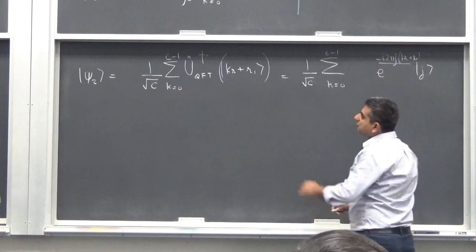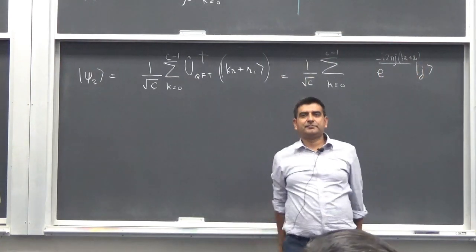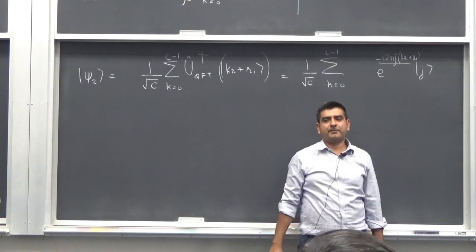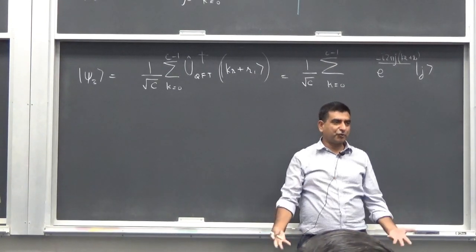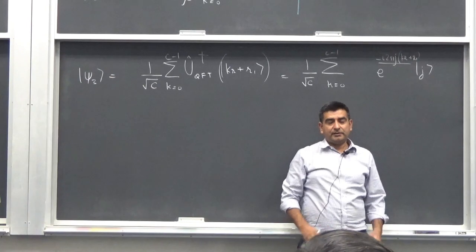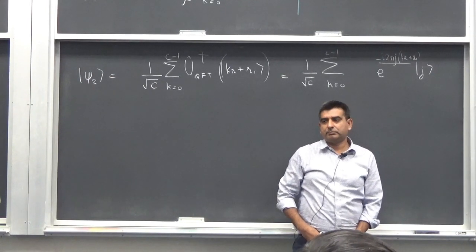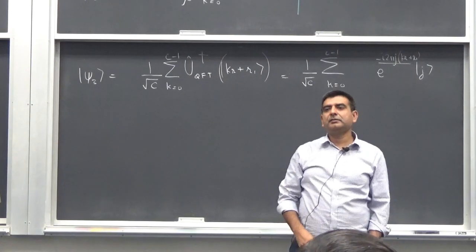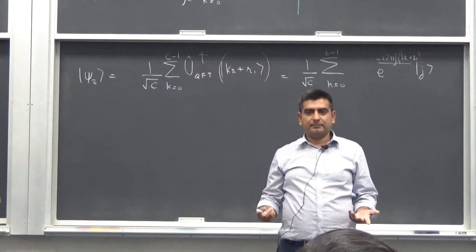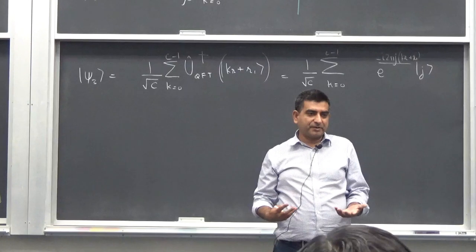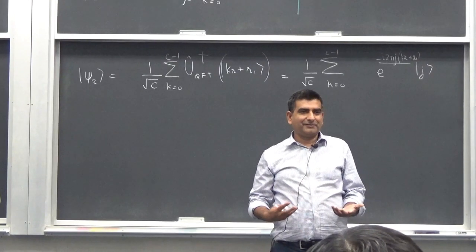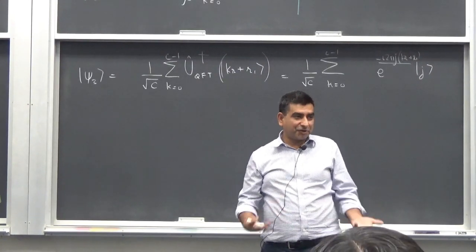And how many terms do I have in the first register? M is the number of qubits. So I have 2 raised to the power m terms, or q terms, which we've defined as q.